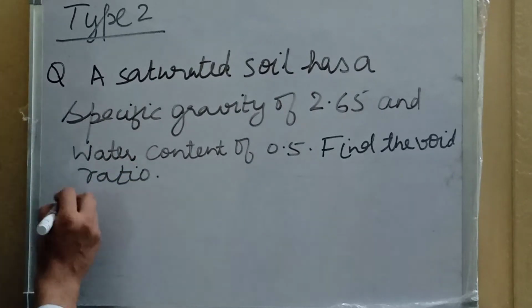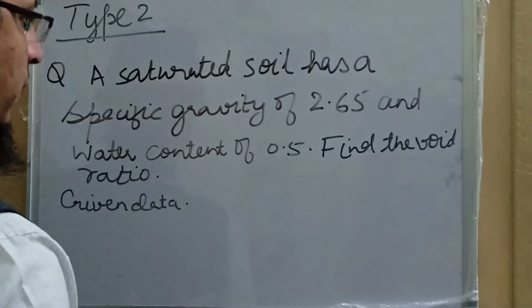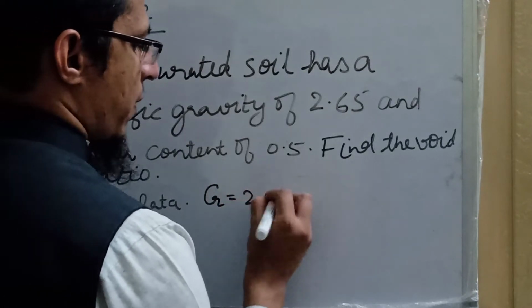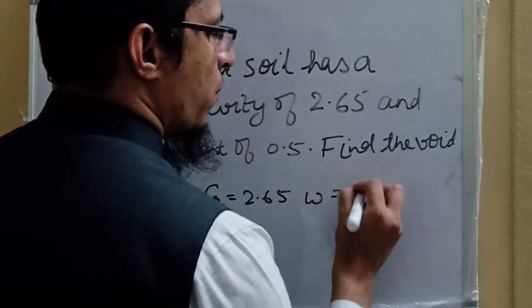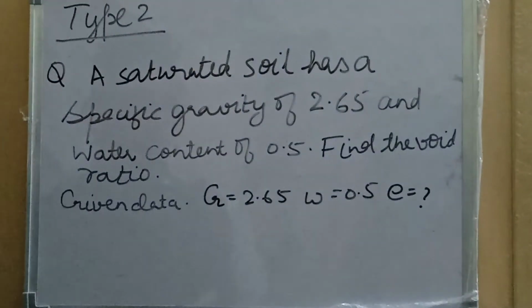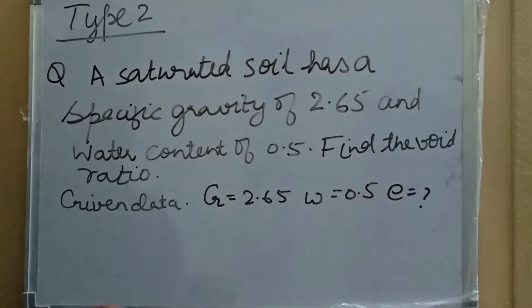Again we have given data: specific gravity G is 2.65, water content 0.5, and the unknown is void ratio. If we see the formula of specific gravity, that is gamma s upon gamma w, and water content is weight of water upon weight of solid, again we don't have these quantities here, so we will be helpless if we use the basic formulas. So we have to use the interrelationship.